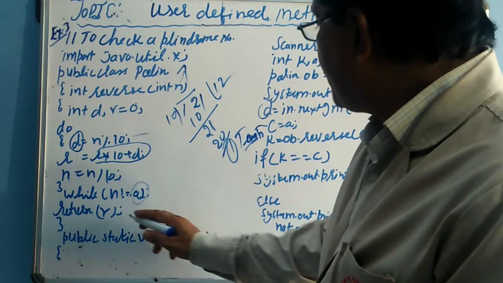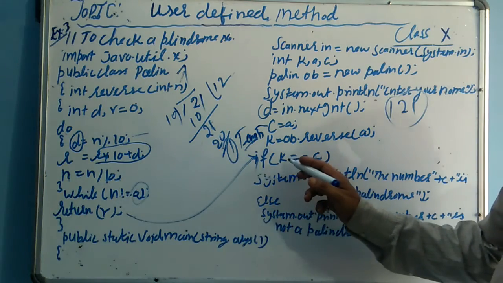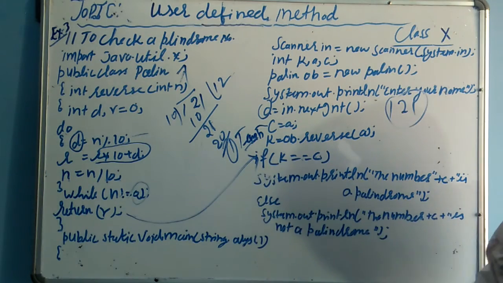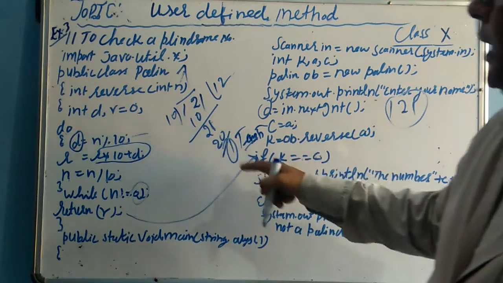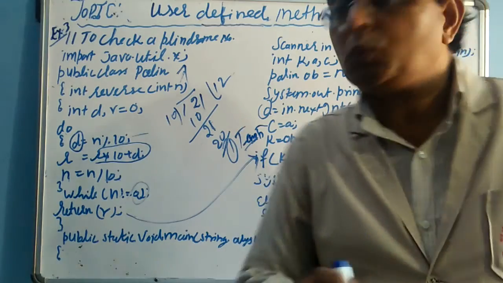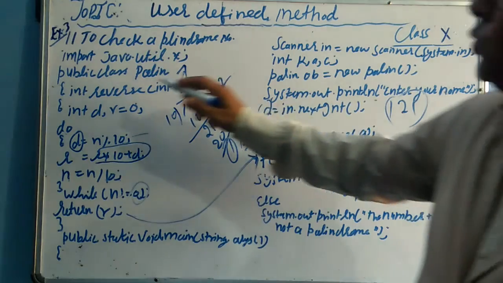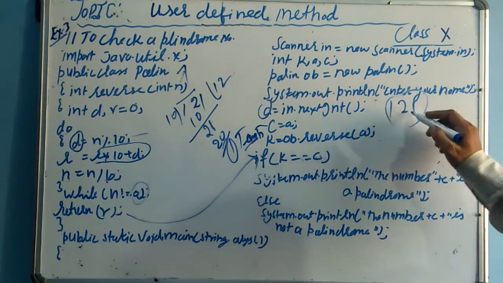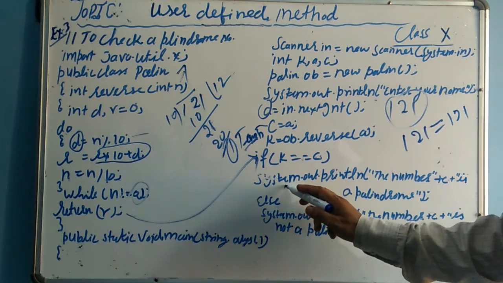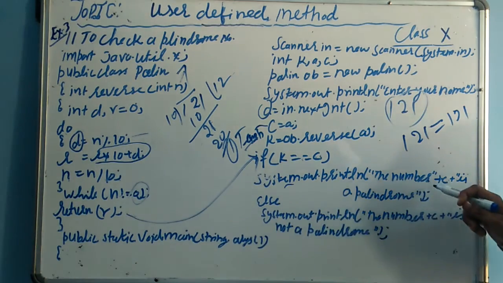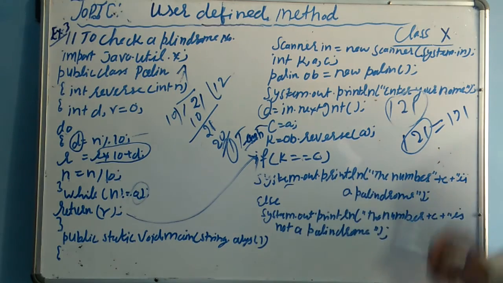And then it will check if k is equal to c. The value of this temporary value and the original value will be equal, means 121 is equal to 121. So then it will print the number 121 is the palindrome number.